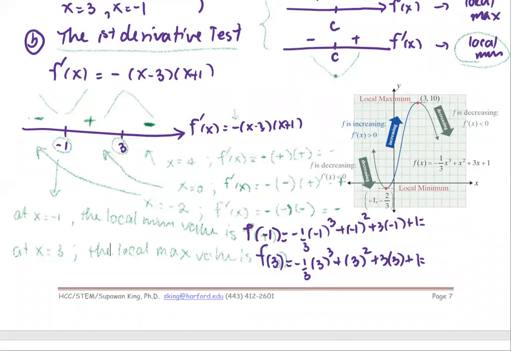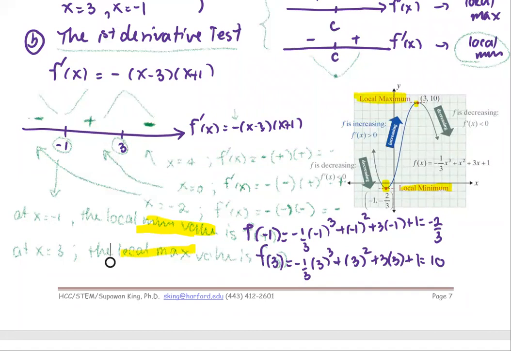At -1, the function value is -2/3. At +3, the function value is 10. So with the graph, at -1, we have the horizontal tangent, and it gives you the local minimum value. At x equals 3, we have the local maximum value.